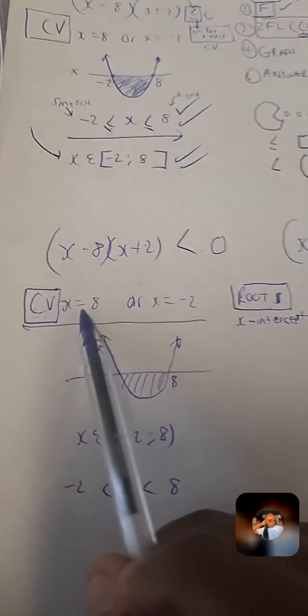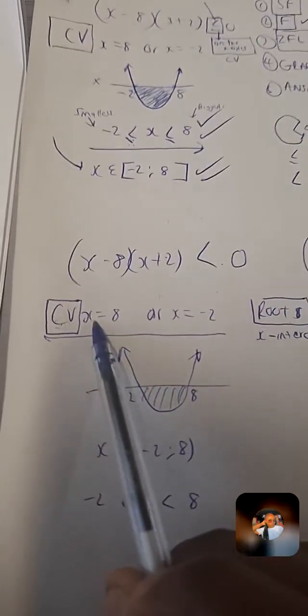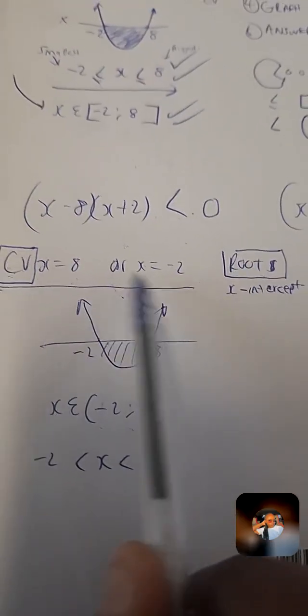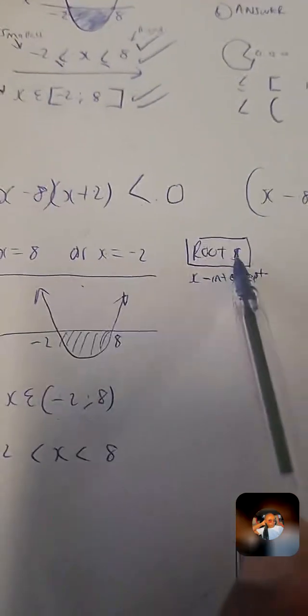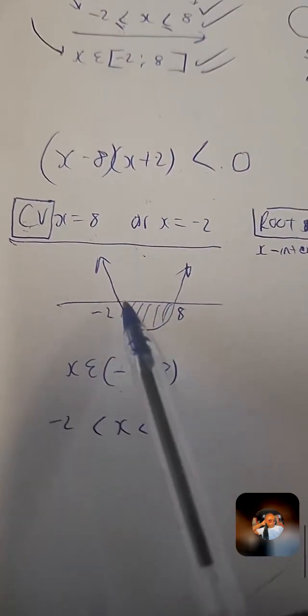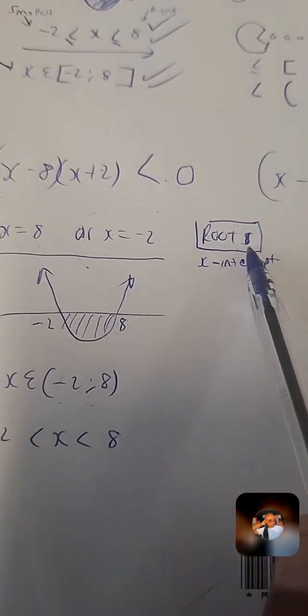So I deliberately write equal here because I am saying to the learner, before you write your answer at the end, write down your critical values so that you can indicate those roots, those x-intercepts on your graph. -2 is a root or a critical value or an x-intercept. 8 is a root or an x-intercept.